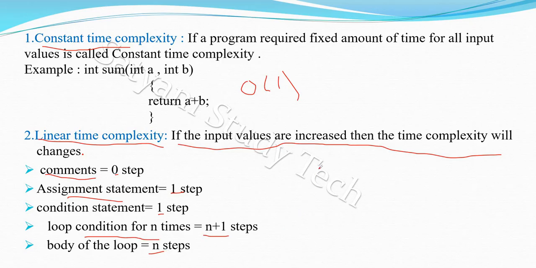For example, here is one for loop. This for loop consists of i equal to 0, and how many times is this statement executed? i less than n, next i plus plus. This is the simple for loop.